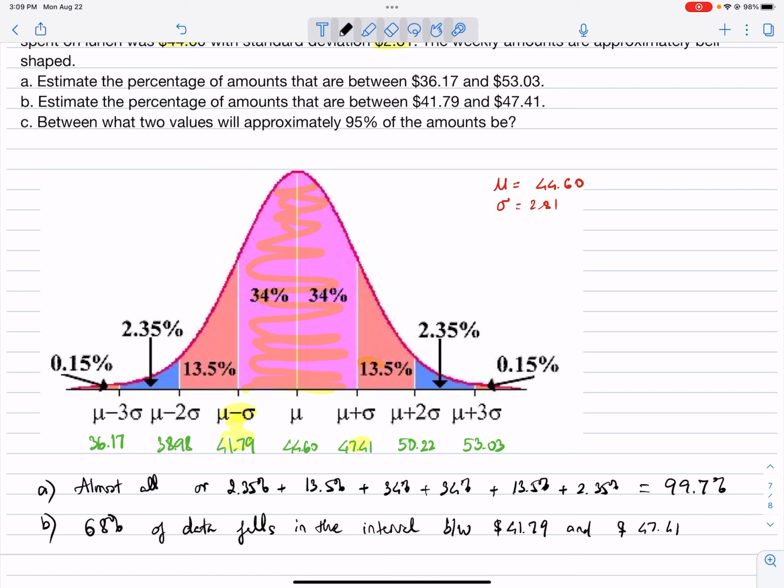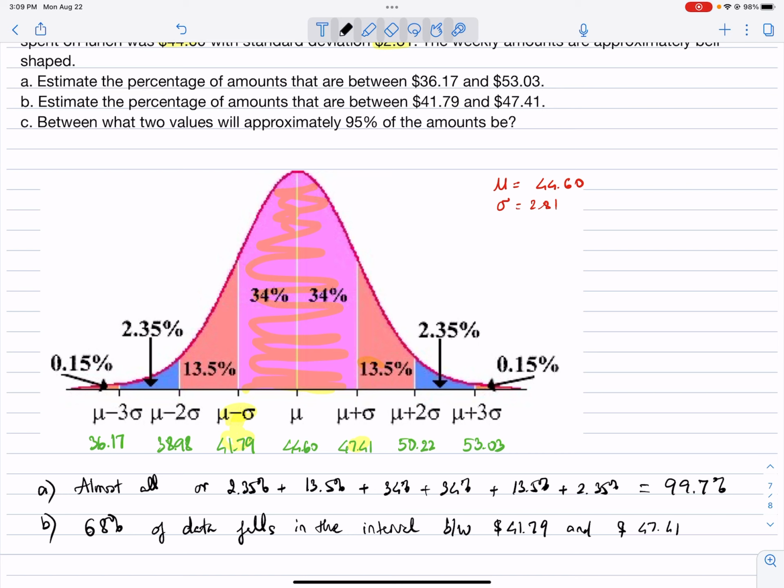What it means is, let's think about 100 people: 68 people will spend $41.79 to $47.41 for lunch.